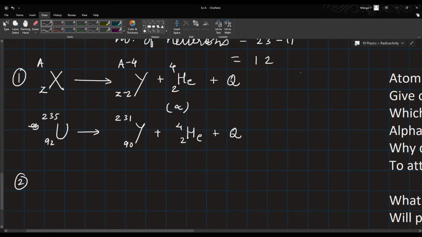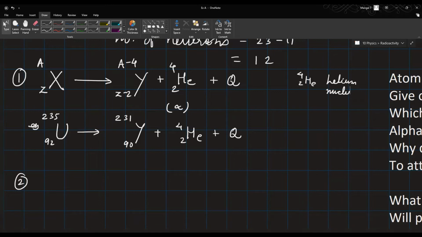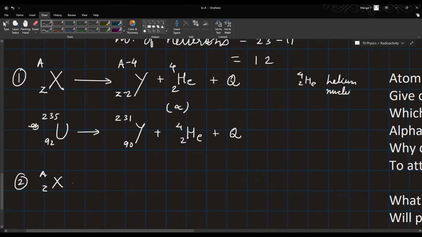Okay, so an alpha particle is nothing but a helium nucleus. A helium nucleus has 2 protons and 2 neutrons in it, and that's what the alpha particle has. Remember, it is given out from the nucleus of uranium or any other radioactive substance.